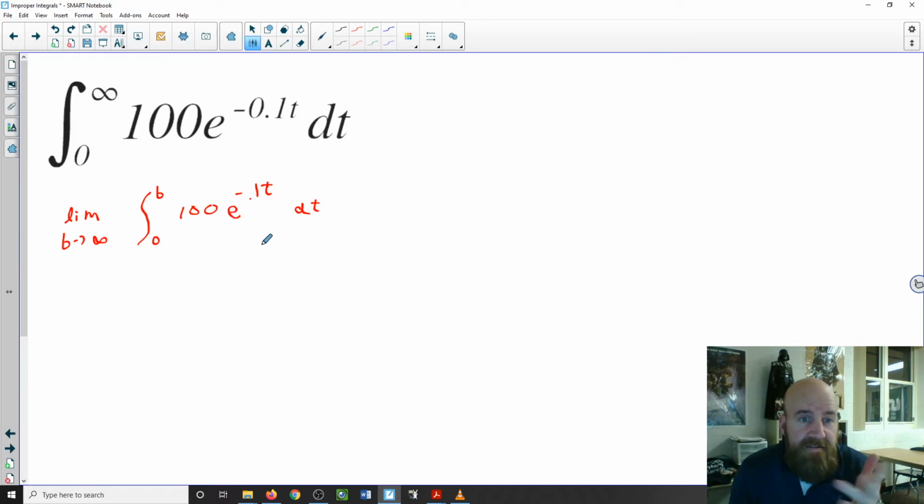If we integrate this, we need to go backwards. If we pull the 100 out and divide by -1/10, you end up with -1000 e to the -0.1t, evaluated from 0 to b, and then we run the limit of that. So don't forget your limit.